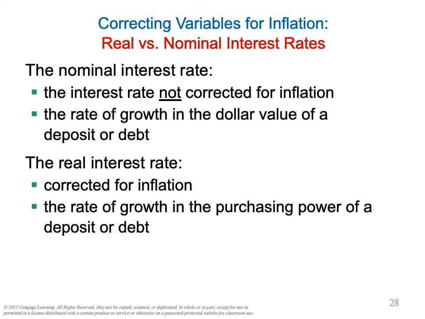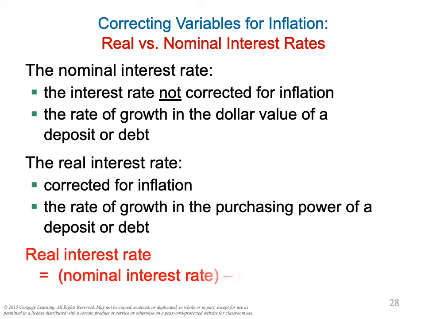And what we really care about is not the dollar value, we care about purchasing power. How much can our dollars buy for us? Not how many do I have, right? And like I said, calculating the real interest rate is very straightforward. You just subtract the rate of inflation from the nominal interest rate. So the real interest rate is equal to the nominal interest rate minus the inflation rate.